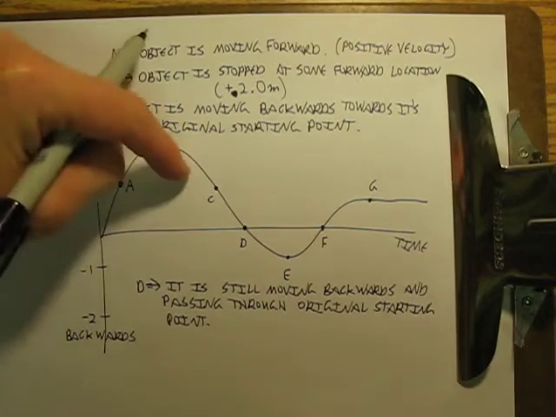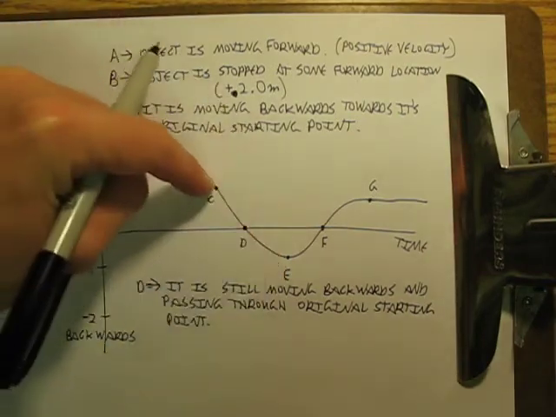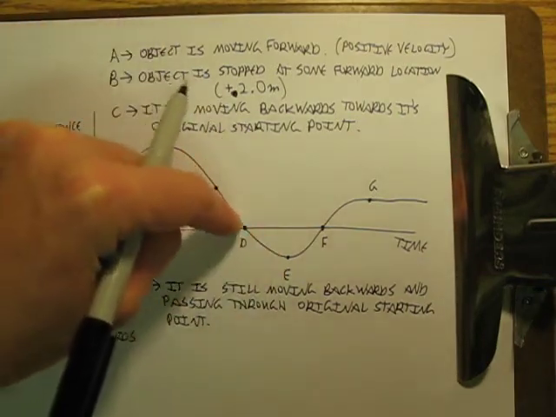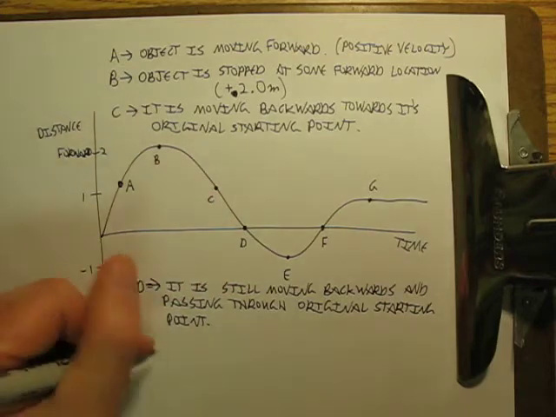So at D, it's still moving backwards, but it's passing through its original starting point.